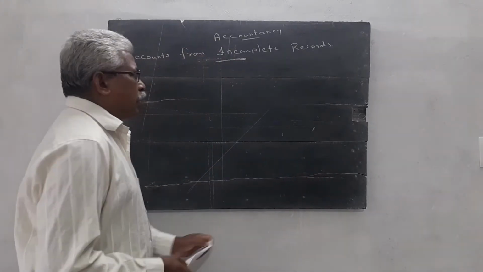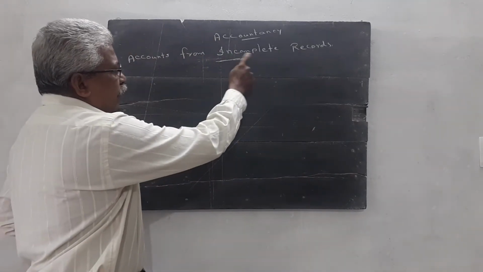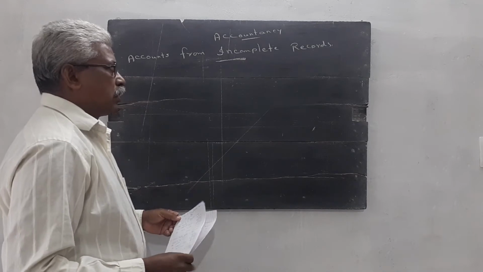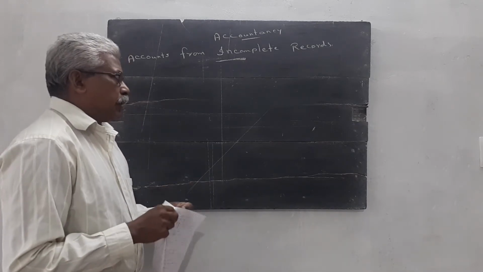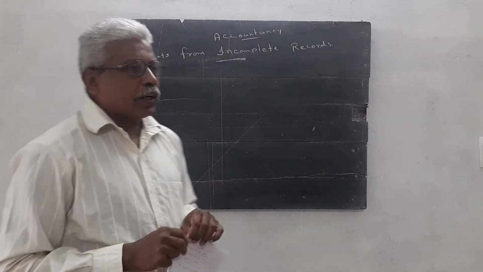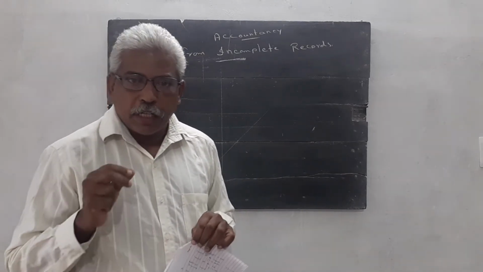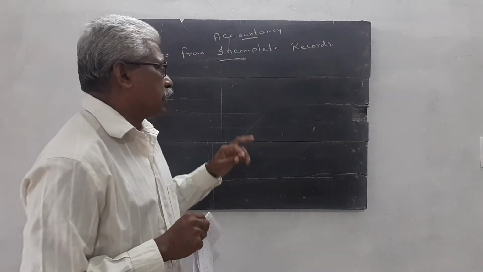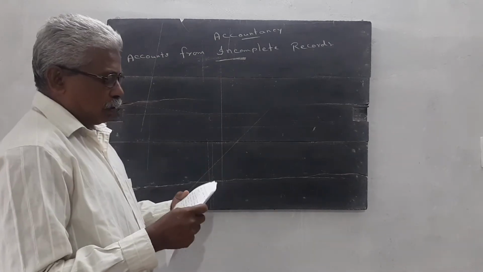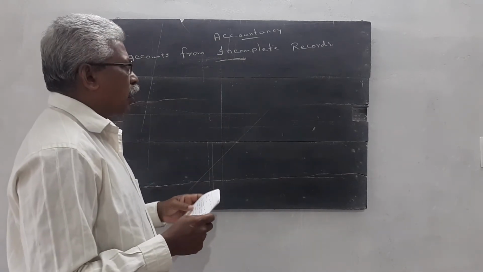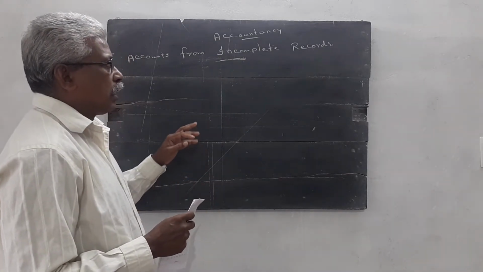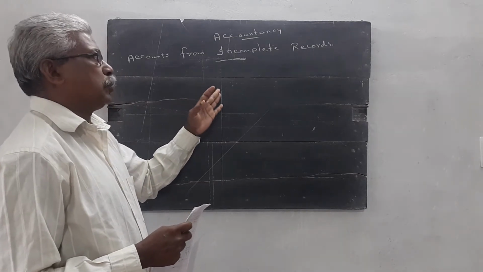Before that, what is the meaning of incomplete records? Incomplete records means those who are not maintaining the accounts under double entry system principles.